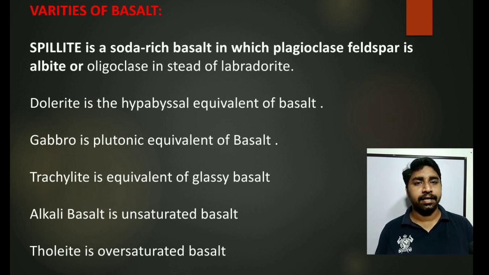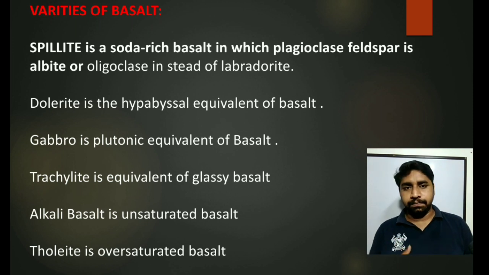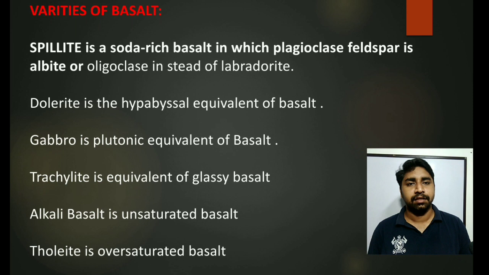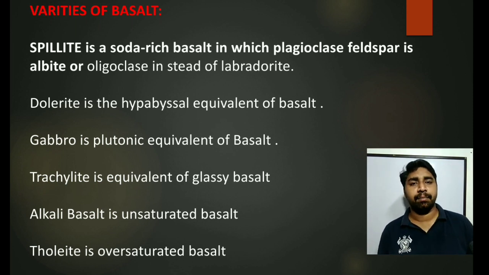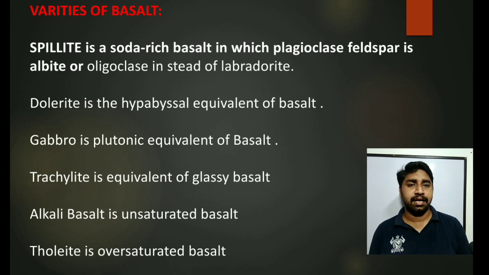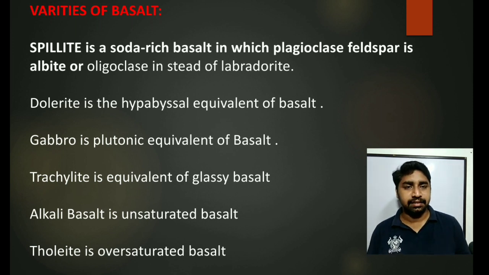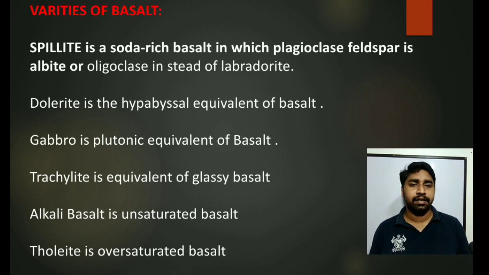Next, dolerite is the hypabyssal equivalent of basalt. Gabbro is the plutonic equivalent of basalt. Among the plutonic varieties, gabbro is equivalent to basalt, and tachylyte is equivalent to glassy basalt. Alkali basalt is unsaturated basalt.